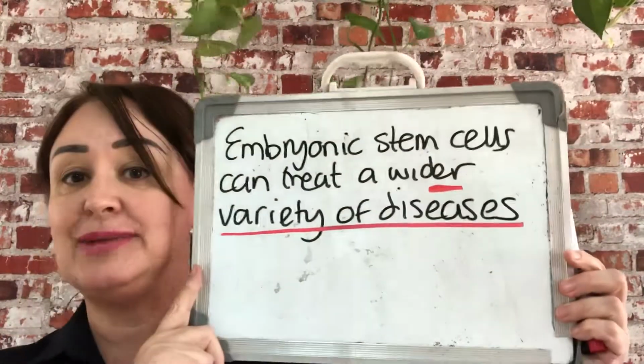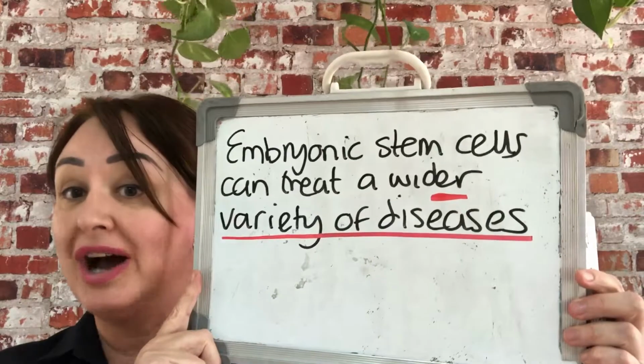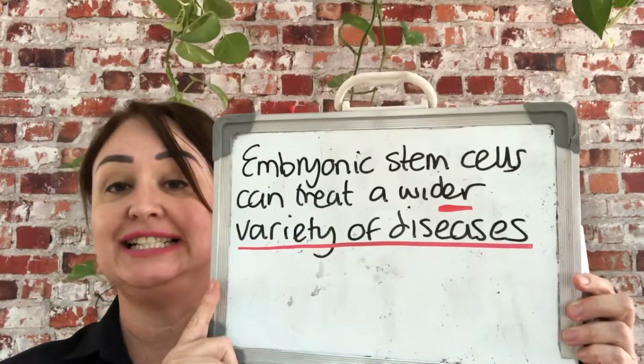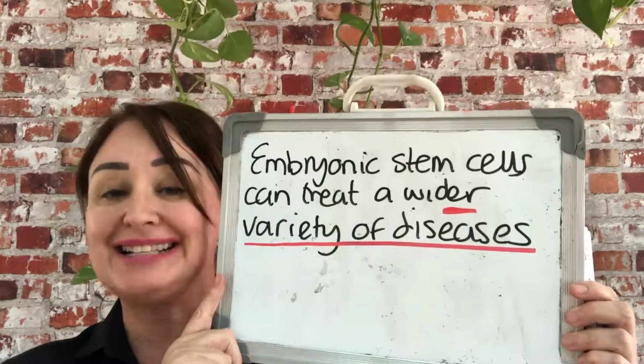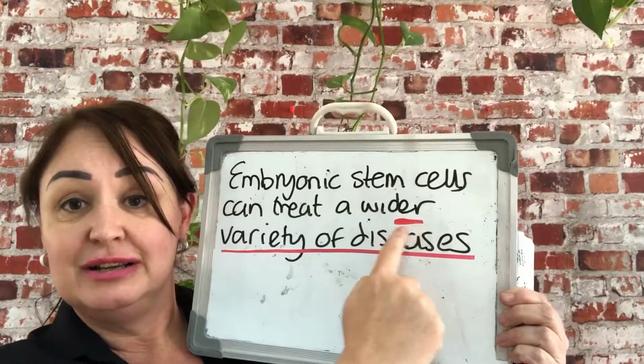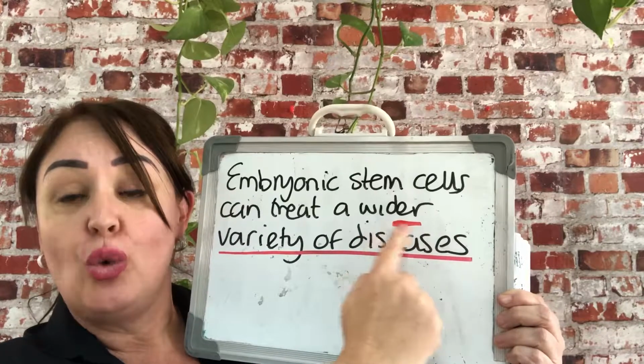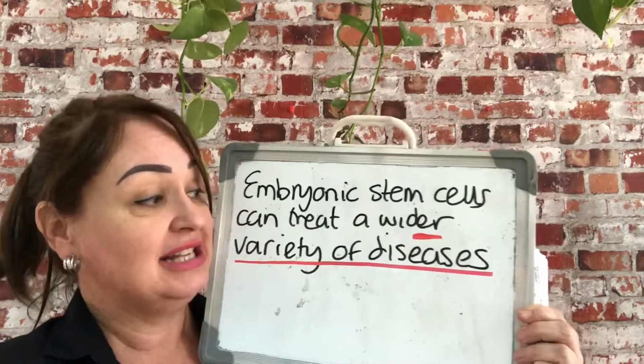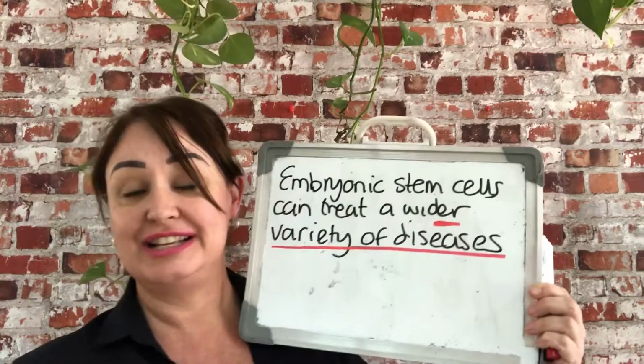So here's an even better way of doing it. Let's look at this sentence. It says embryonic stem cells can treat a wider variety of diseases. That's an even better sentence because we've already got the comparative part in there by saying the wider as opposed to a wide, and we've also added to the information that we gave.